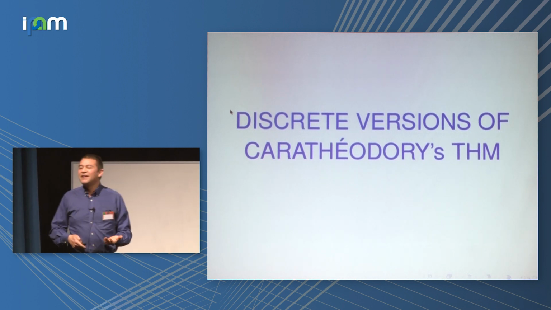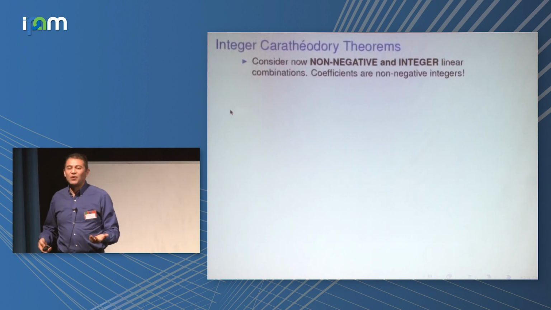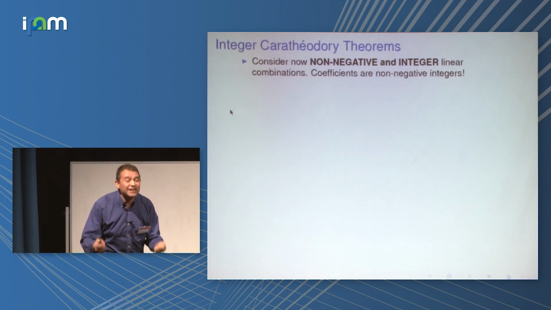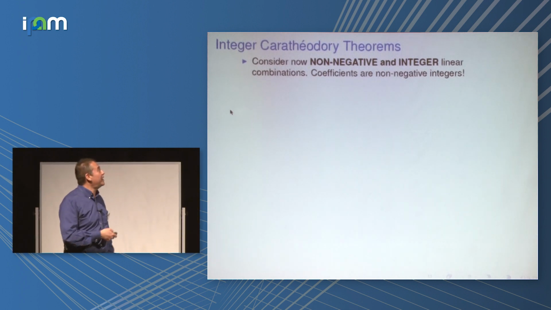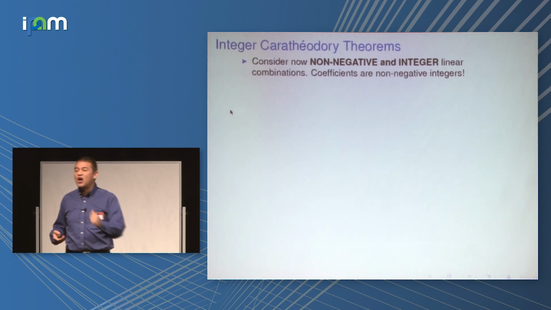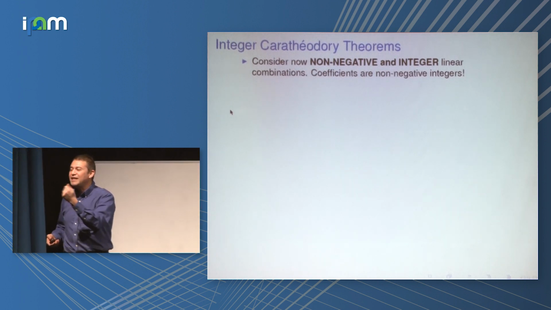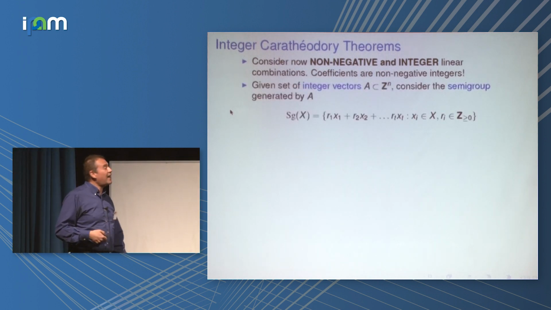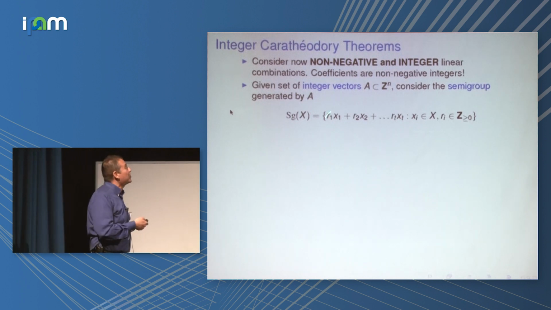So first of all, there's no cones anymore, because I'm interested in integer linear combinations. So I'm interested in linear combinations that are non-negative and integer. That's what I need to have. So that defines a different animal called the semigroup.